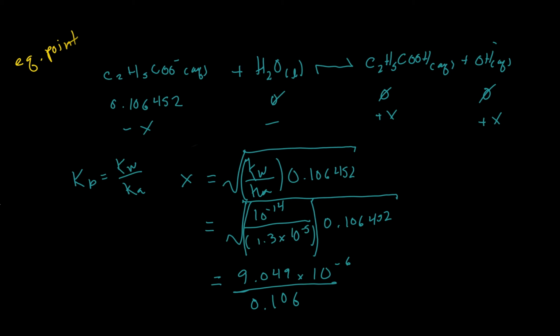And our X is the concentration of hydroxide ions here, right? So let's get ourselves a different color. And we'll get our hydronium concentration, sorry, not the hydroxide, from the Kw divided by the hydroxide.